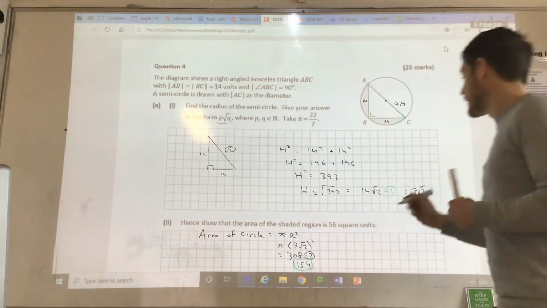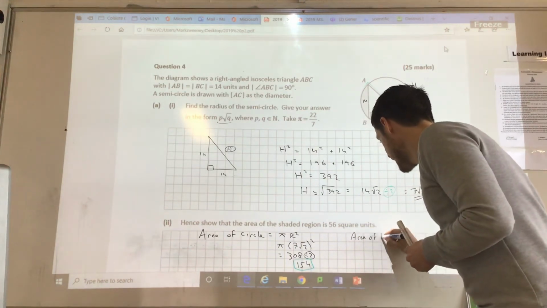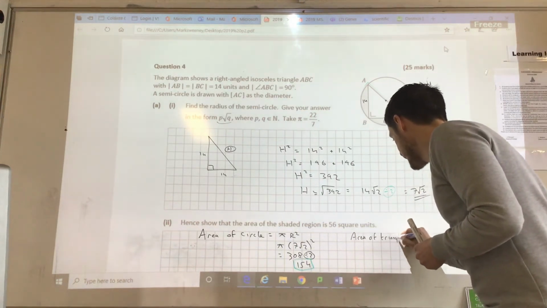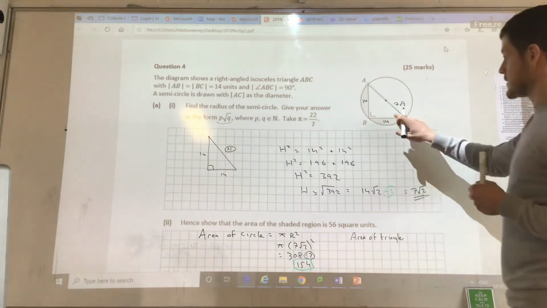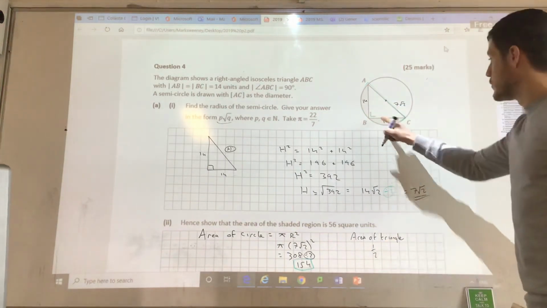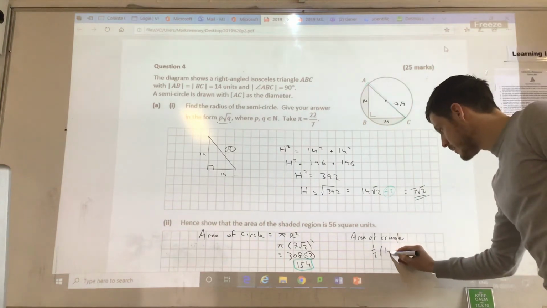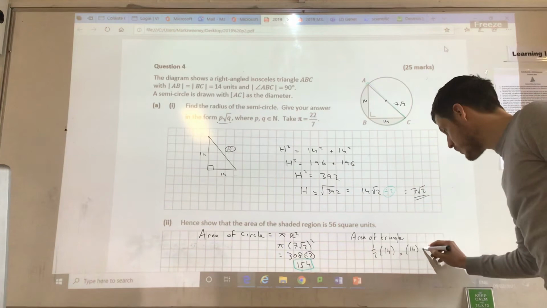Then I'm going to get the area of a triangle. The area of a triangle is actually not that bad. The area of a triangle, in this case, is a half the base times the height. So I'm going to do 1/2 of 14 multiplied by the height, which is 14.